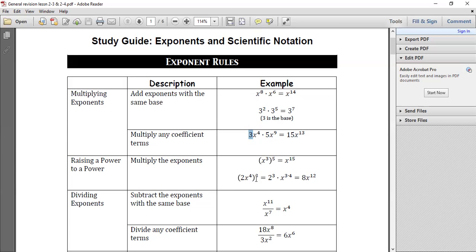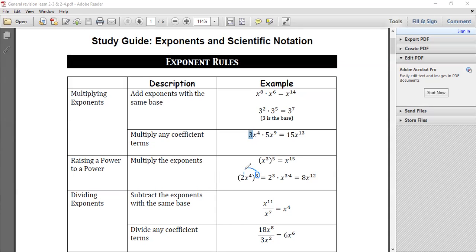2x to the power of 4, all to the power of 3. When we have an exponent above the parentheses, you have to distribute it over the numbers inside the parentheses. Here, the exponent of 2 was how many? The exponent was 1. And for x, the exponent was 4.